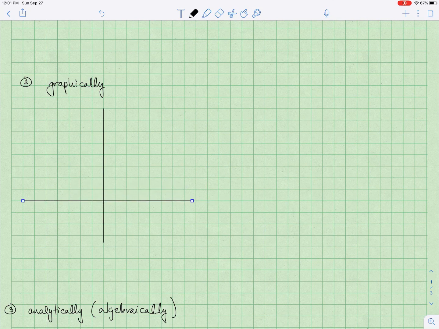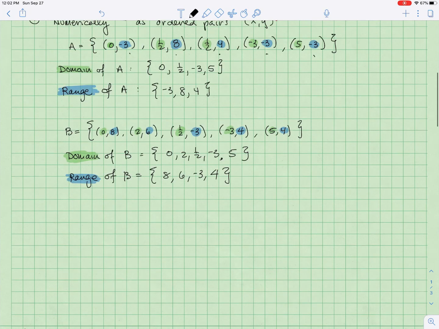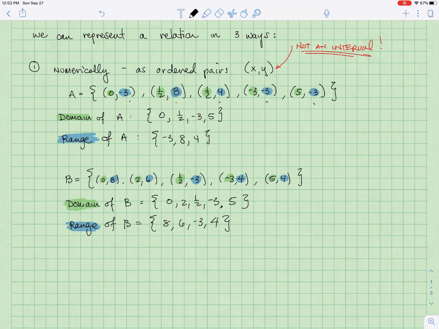Maybe that's a little too big, but there we go. X, Y, 0. And if I look back at these ordered pairs, I can simply graph them. This is my relationship for A.